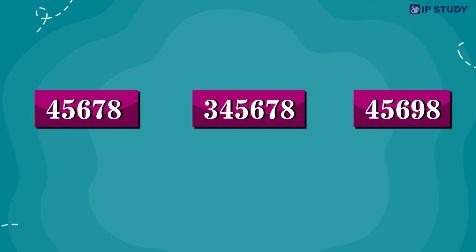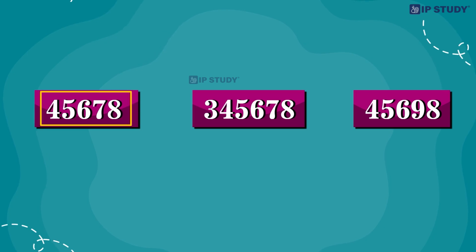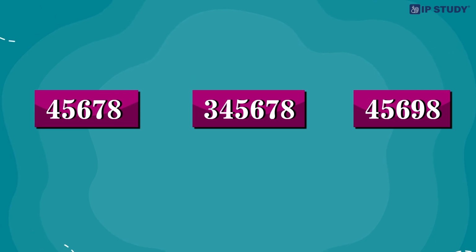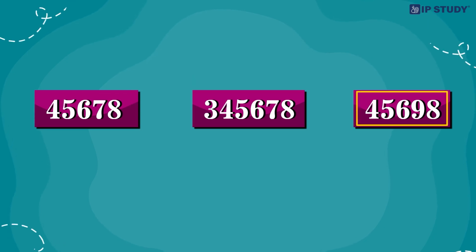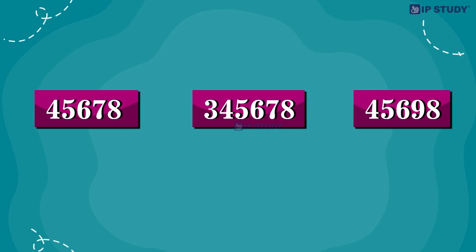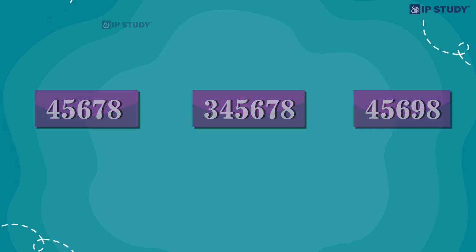Now compare 45,678 and 45,698. Start from the leftmost digits. The digits are the same until the tens place. At the tens place, 7 is less than 9. So, 45,698 is greater than 45,678.